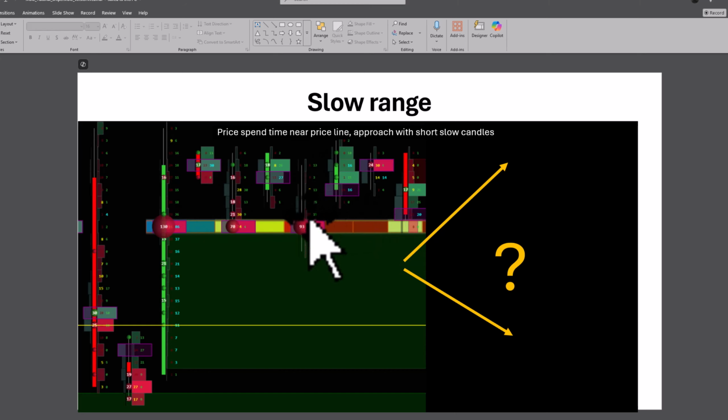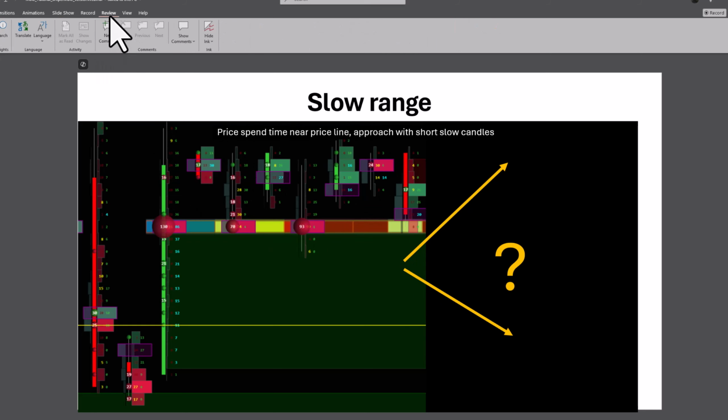What's going to happen next? Could you tell me if the price is going to go higher after this or lower? Could you guys type if the price is going to go up or down?